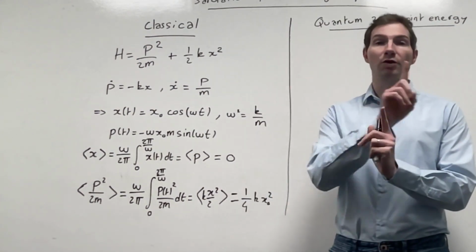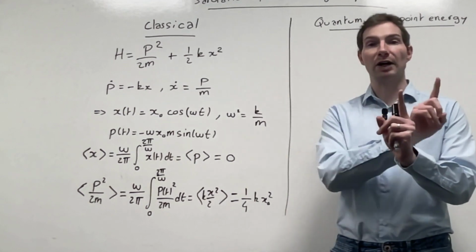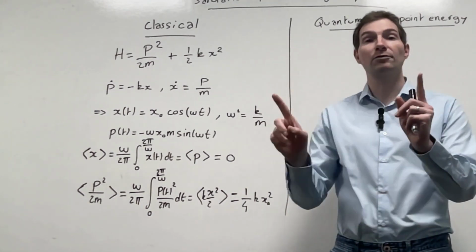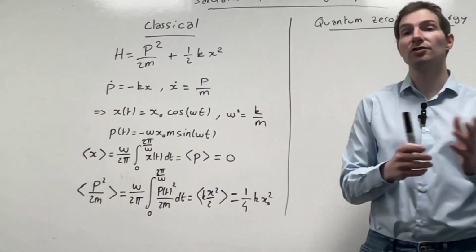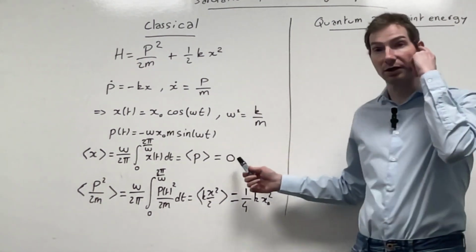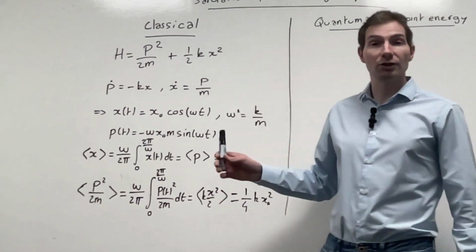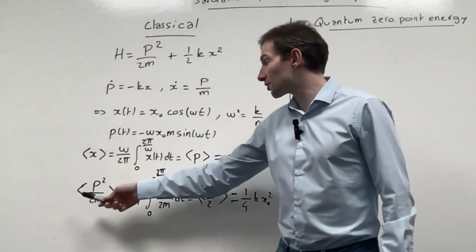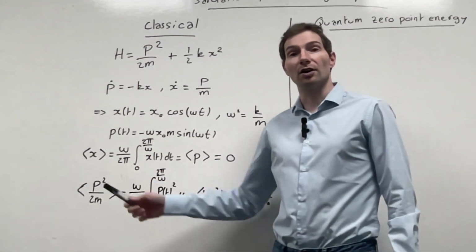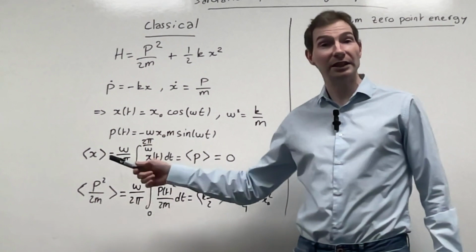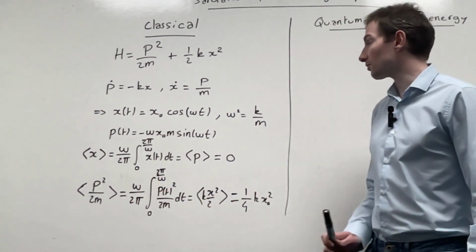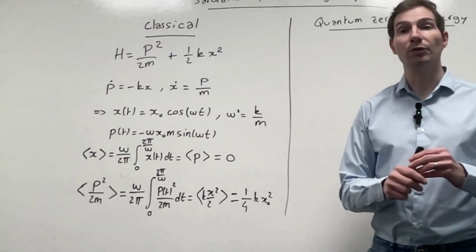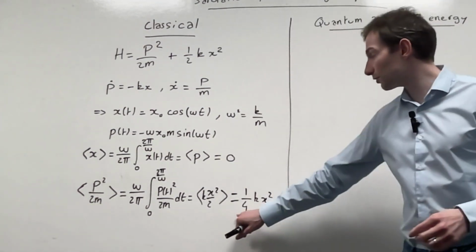From a symmetry point of view, that makes sense. If you've got something going back and forth like this, then you expect the average position over time to be essentially 0. So that's what is going on here. And then you can also find out, upon calculating the expectation value of the square of p over 2m, so essentially of the kinetic energy, or the expectation value of the potential energy over a single period, that they are both equal, and they are equal to that particular value.